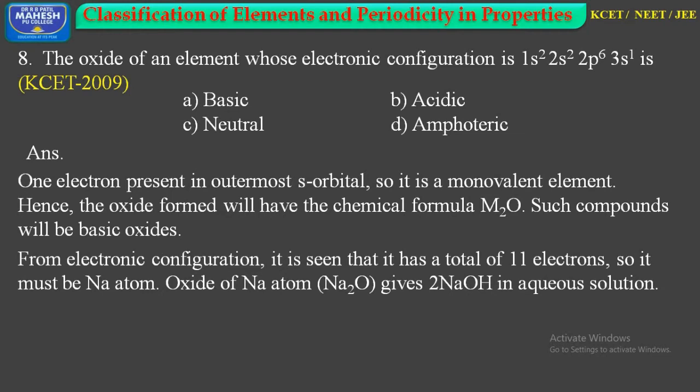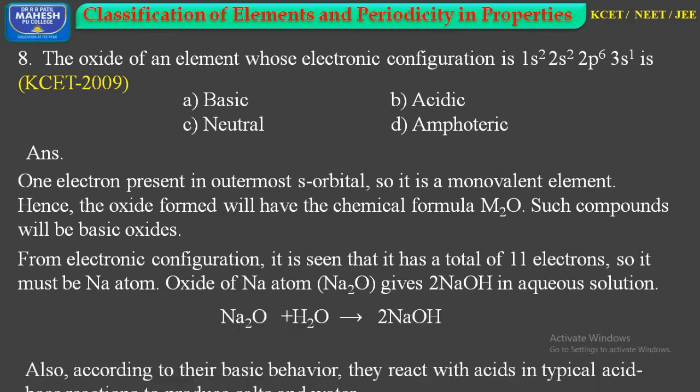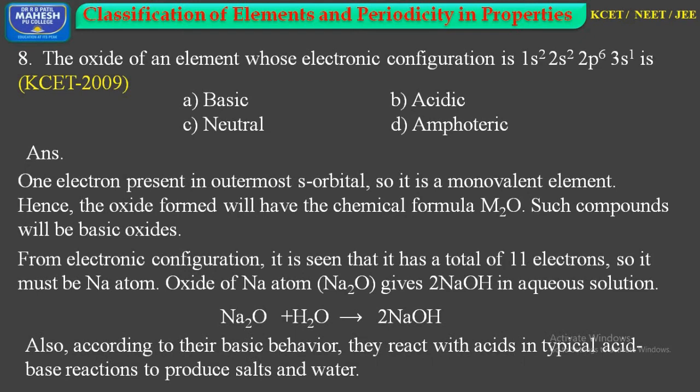When sodium oxide is dissolved in water, that is, if we add sodium oxide to water, then we get sodium hydroxide. This proves that sodium oxide is basic in nature.